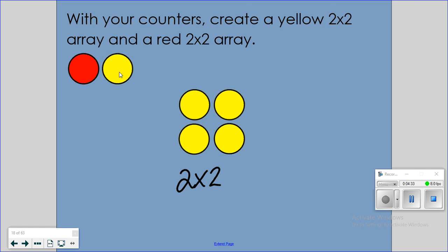Now remember, we're going to use our 2's to help us with our 4's. Sean already told us, hey, when I take my 2's, if I just double it, I get to 4. So now I want you to make the same array, but I want you to make it in red. So there's a 2 by 2, don't move that one, keep it there. But now I want you to make the same thing next to it in red.